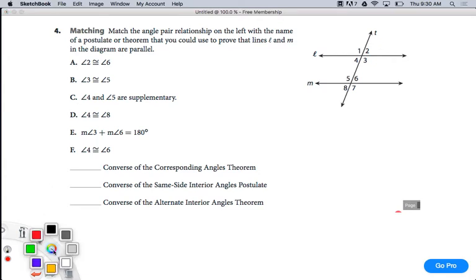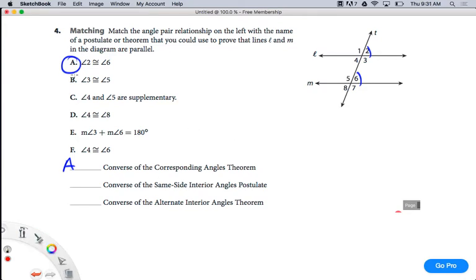So let's go ahead and start. A is angle 2 is congruent to angle 6. Which of these could I use, Allie? Good. Those are two corresponding angles. If they're congruent, I can use the converse of the corresponding angles theorem to prove that the lines are parallel.